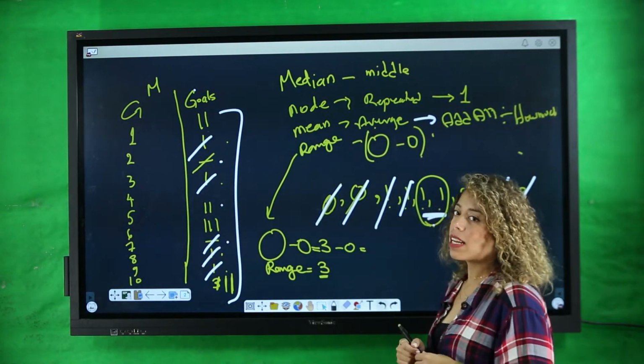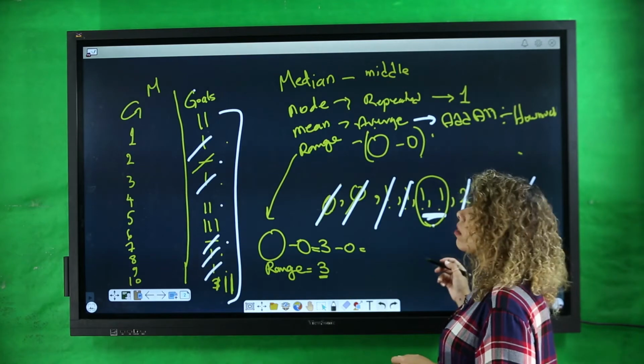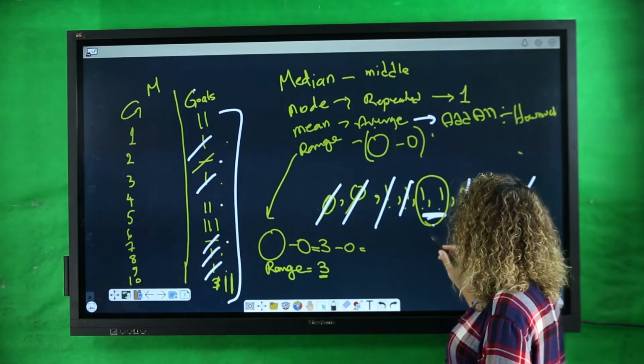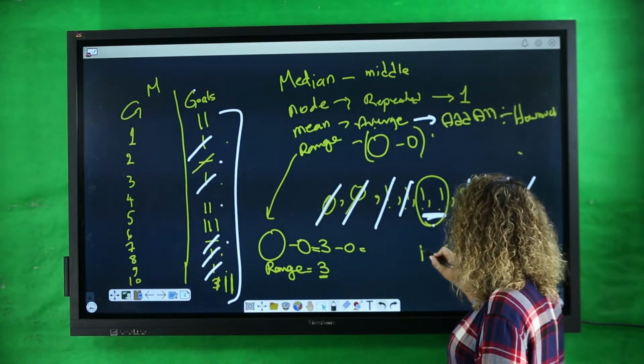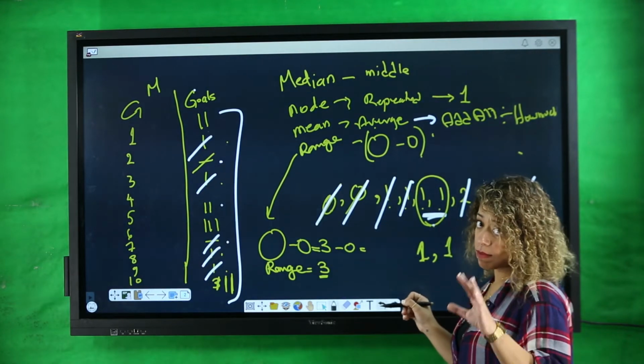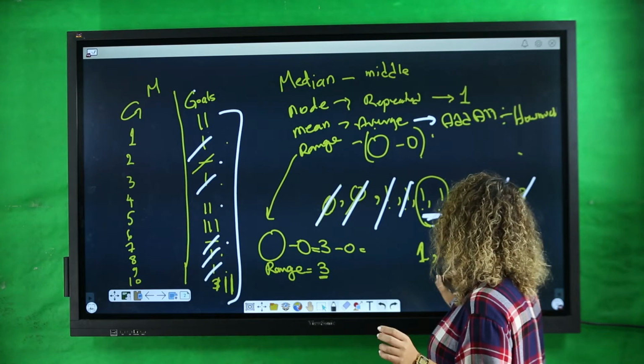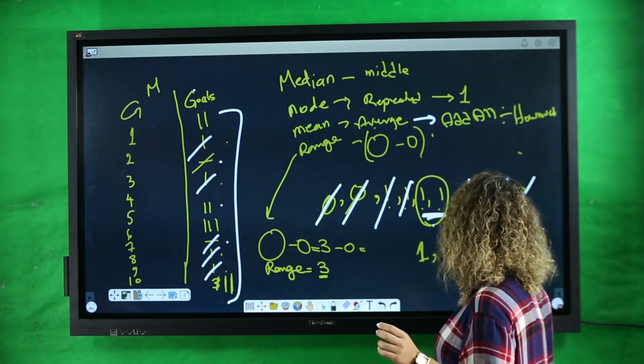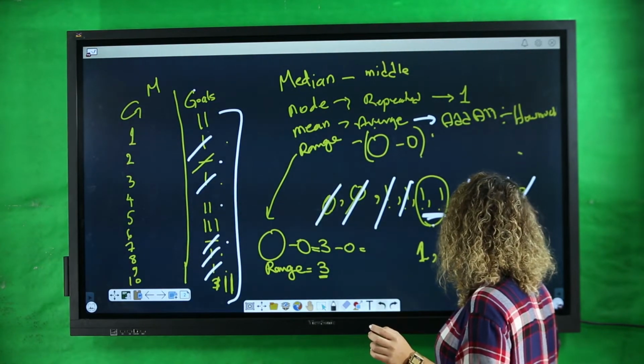Let's see. Add all. I'm left with 1 and 1, so I'm going to add them. That's all what I have. So 1 plus 1 would be 2.